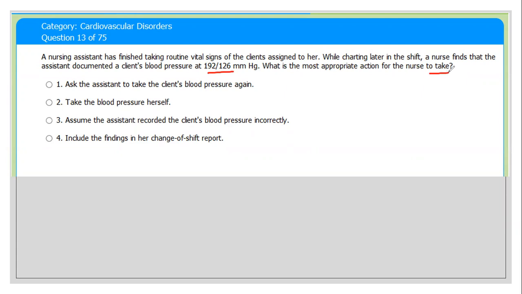Here, I want to tell you what the key points are. The key point: the nursing assistant is taking the routine vital signs of the clients assigned to her, and this patient's blood pressure is so high. So as a nurse manager or team leader, what do you suggest to the CNA or nursing assistant? Number one, ask the assistant to take the client's blood pressure again.